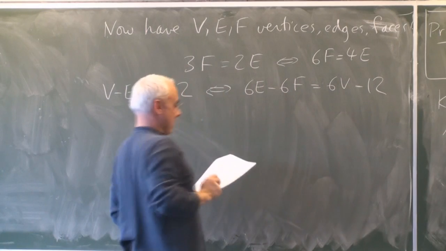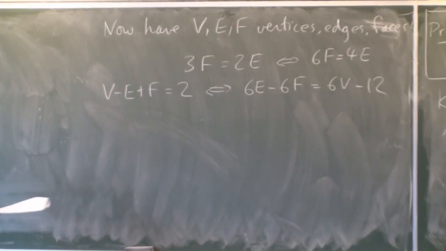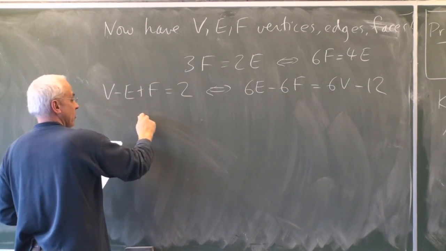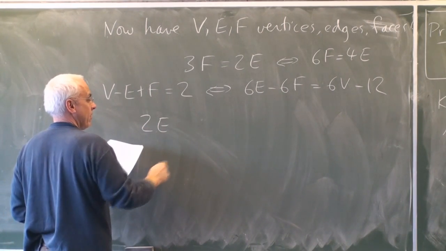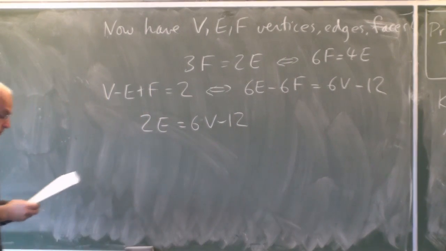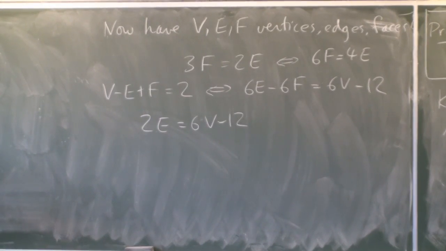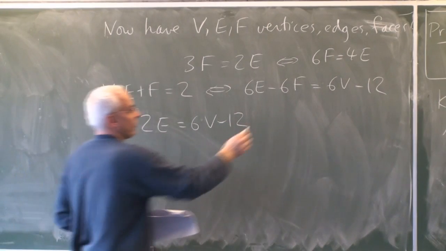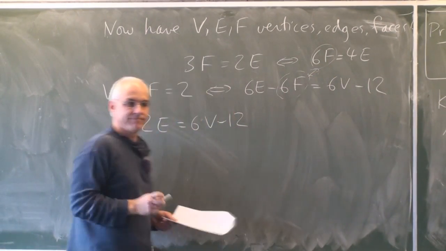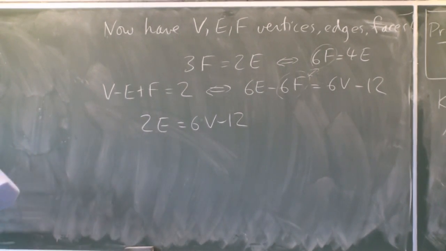So I replace the 6F with 4E. So I get 2E equals 6V minus 12.